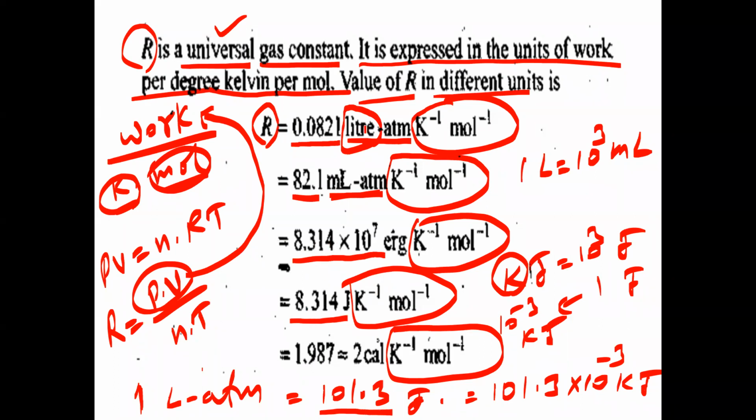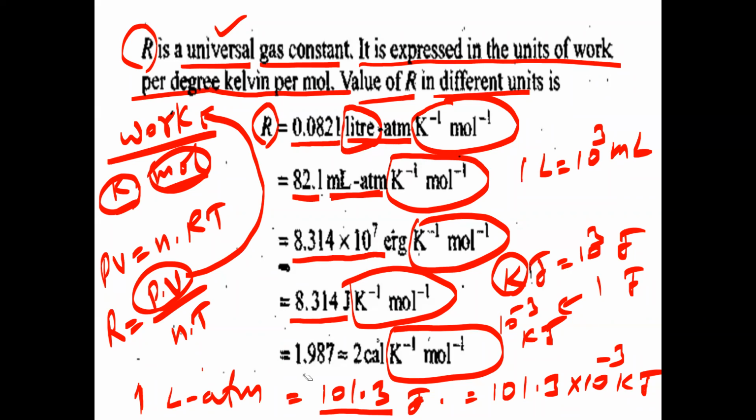By taking 1 liter atmosphere equal to 101.3 joules, we get 8.314 joules. And 1 joule equals 10 power 7 ergs. That's why we can take 8.314 joules, or 8.314 into 10 power 7 ergs.